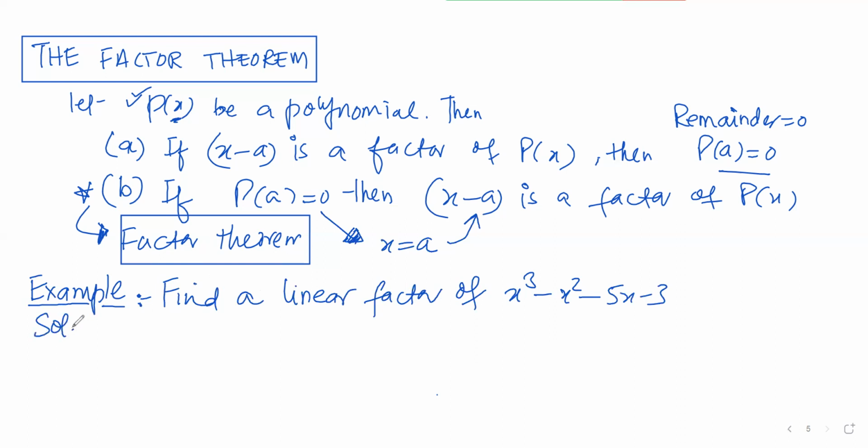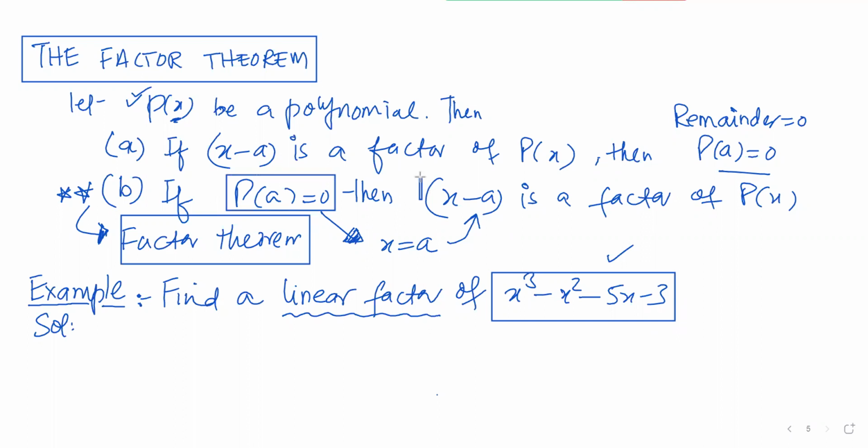Solution: this is the expression, and for this I'm looking for the linear factor, and here I'll be using the second statement. I'll try to find a value of x for which the answer of this expression is 0, because then x minus a is a factor of p(x). So here I use the hit and trial method, or trial and error method.